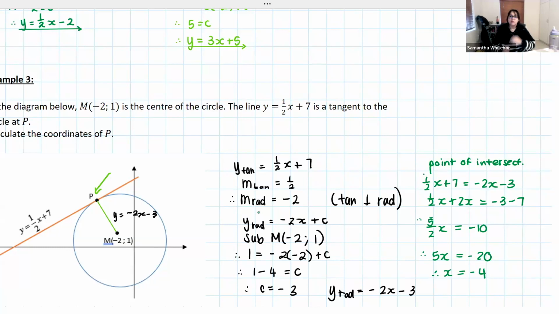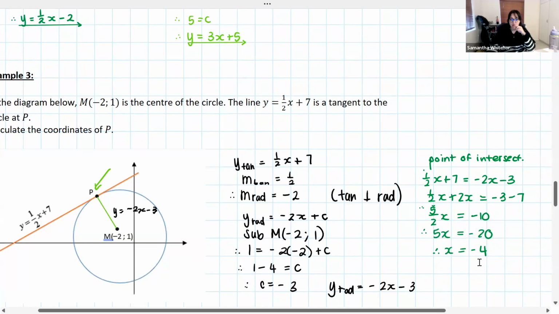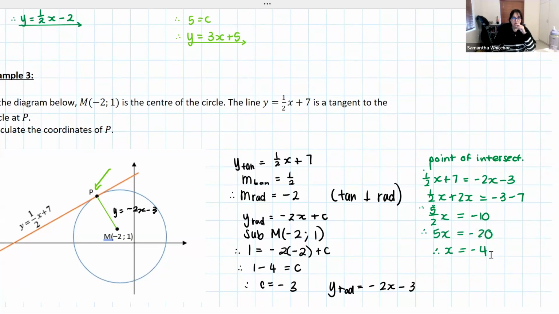How will you now go and find the y coordinate? You know the x, how do you find the y coordinate now? Nice, we sub that x value into one of our equations.